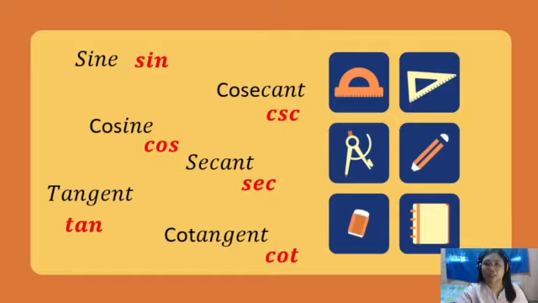Cosecant, secant, and cotangent are known as the reciprocals of sine, cosine, and tangent respectively.